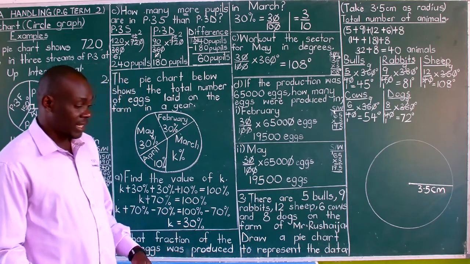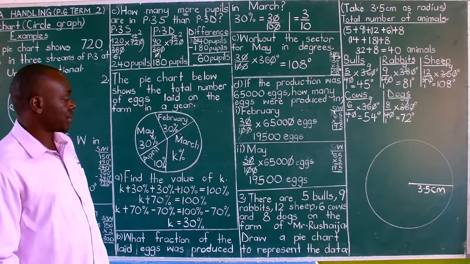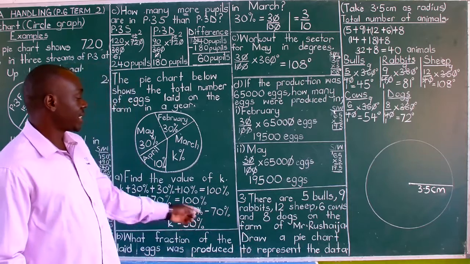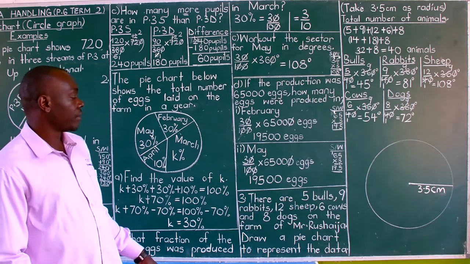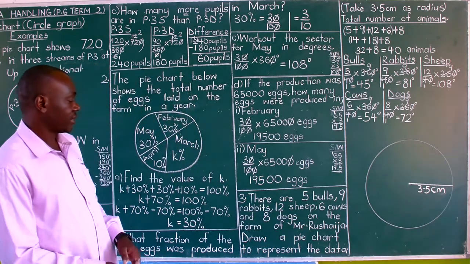So ensure you're there. Now the question reads, there are 5 bulls, 9 rabbits, 12 sheep, 6 cows, and 8 dogs on the farm of this Mr. Rushaija.